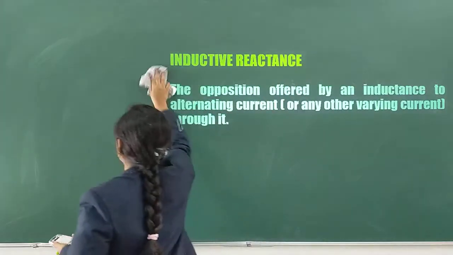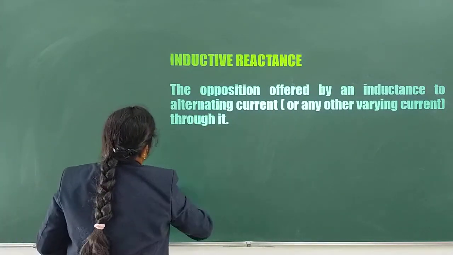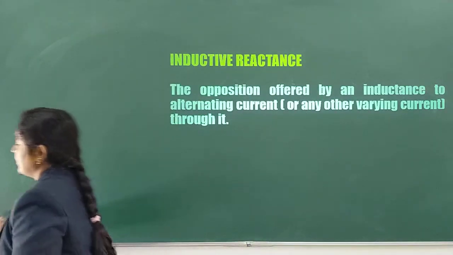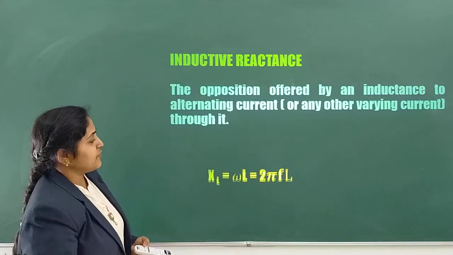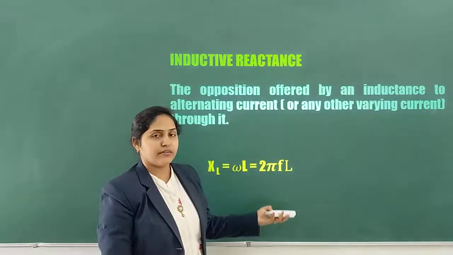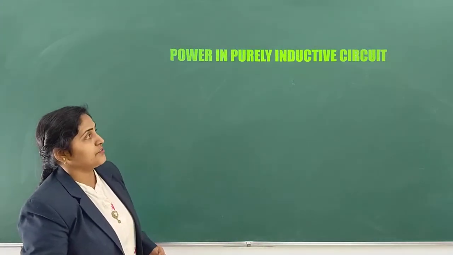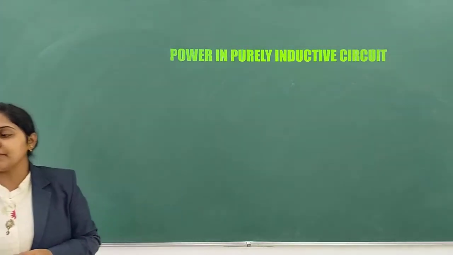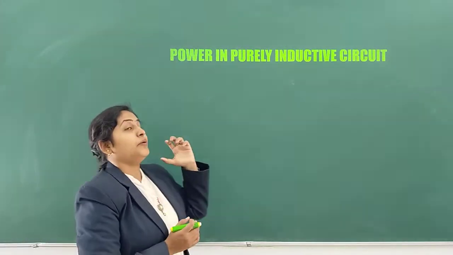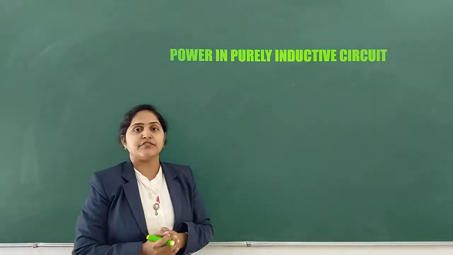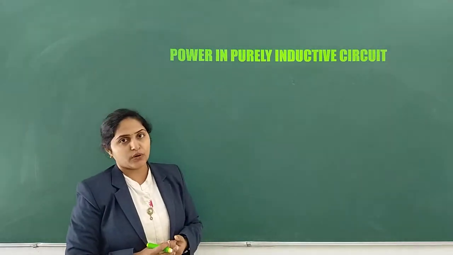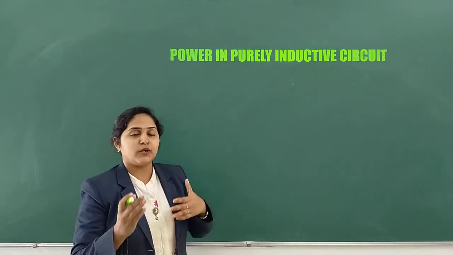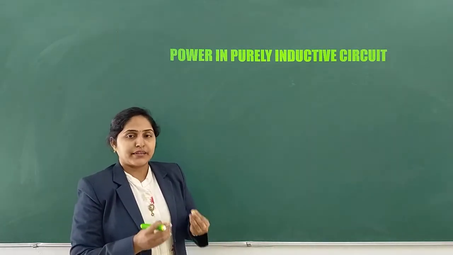Next, let us see what the power dissipated is for a complete cycle, the average power, in the case of a purely inductive circuit, where XL equals omega L equals 2 pi F L. In a pure resistive circuit, the power was the product of the RMS value of current and voltage, I RMS into V RMS.